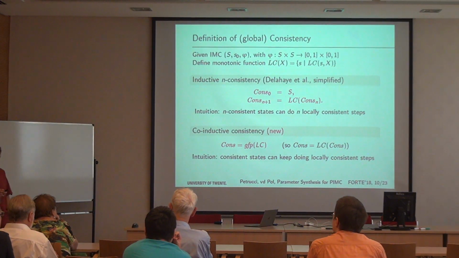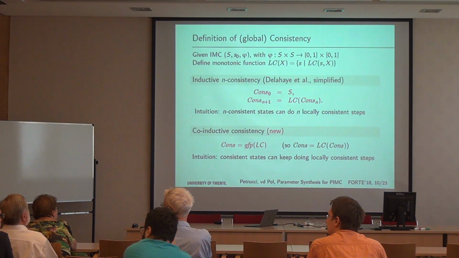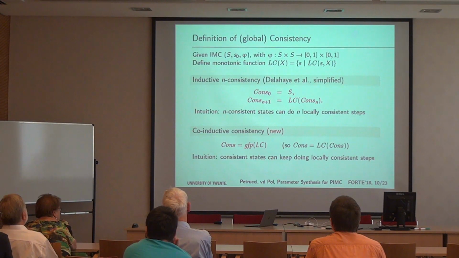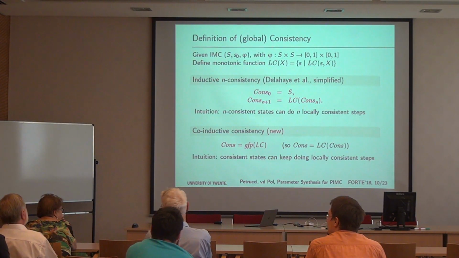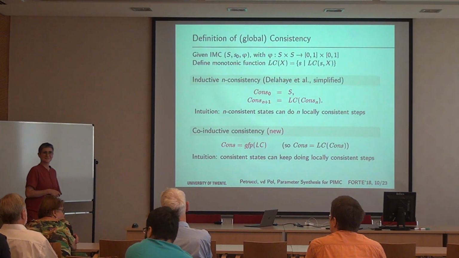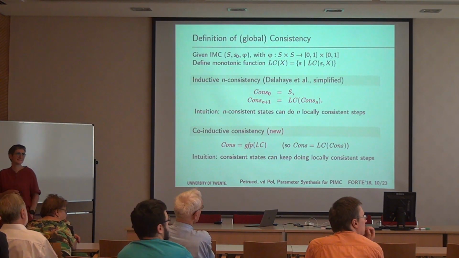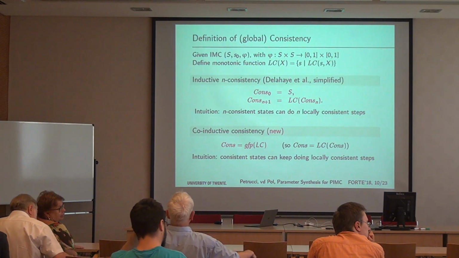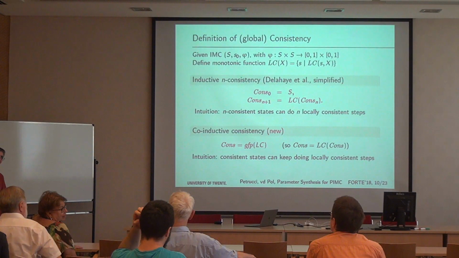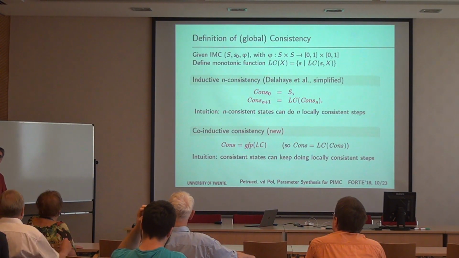What is the greatest? Well, it's the usual greatest fixed point procedure. It's a transformer from state space to state space, and the fixed point is a subset of the state space. It would be good to explain why it is the greatest one, not the least one.